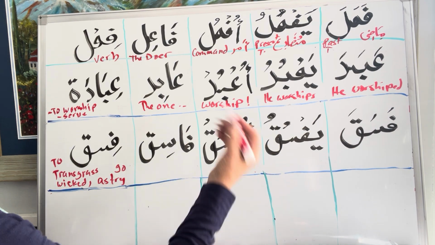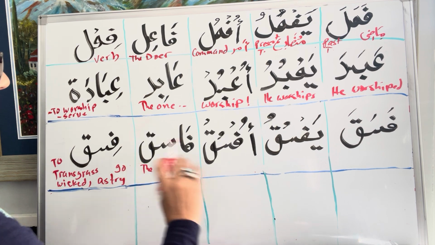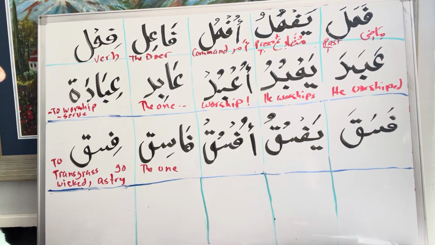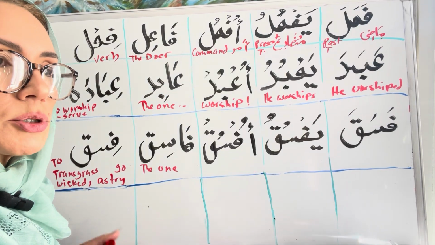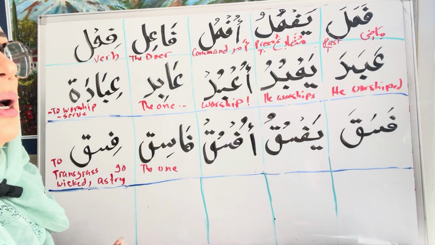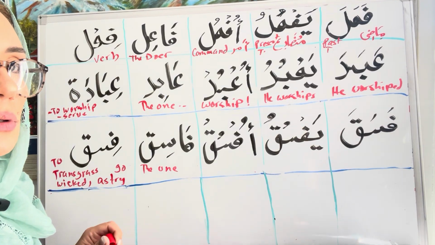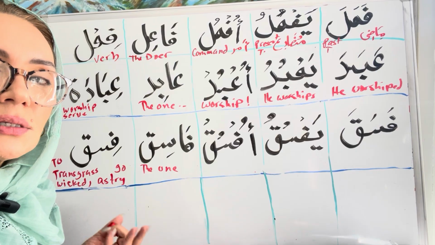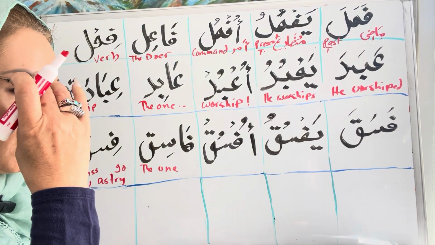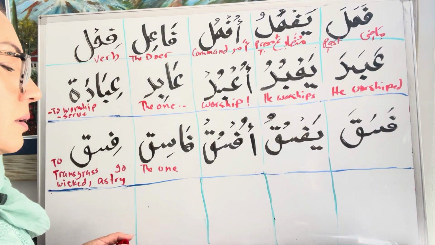And then fasiq is the one who is doing the action of fisq. Okay, so if someone is doing bad things, causing corruption and spreading evil or backbiting and all of that stuff, that person will be called a fasiq, because that's what they're doing.